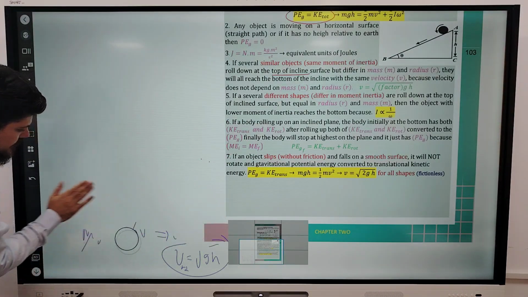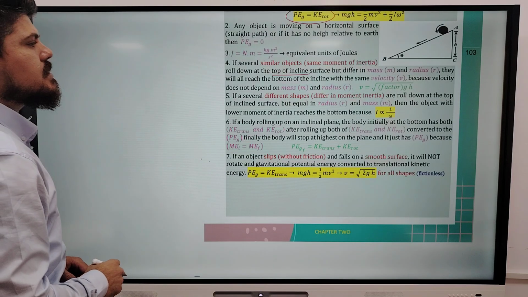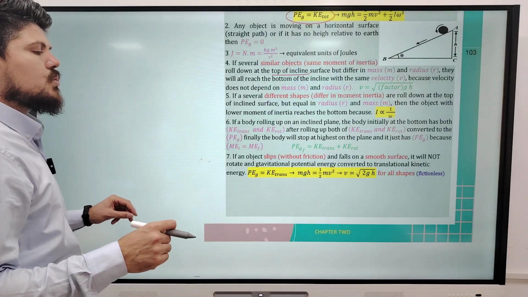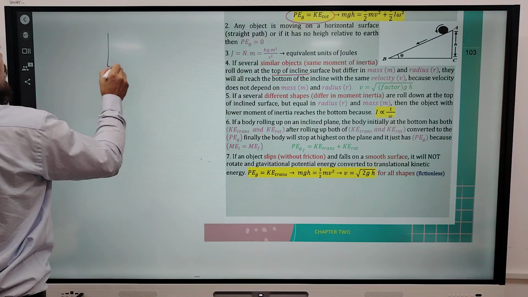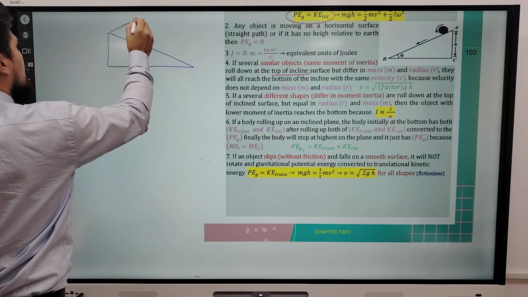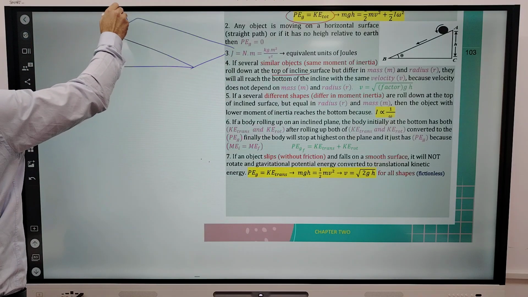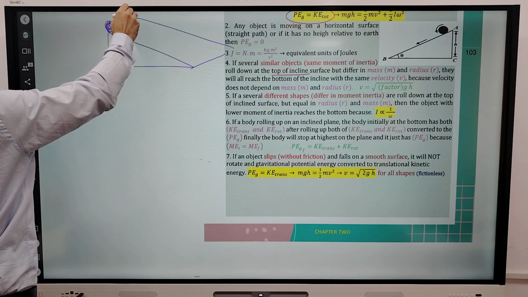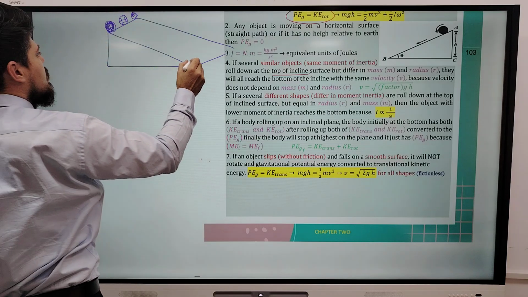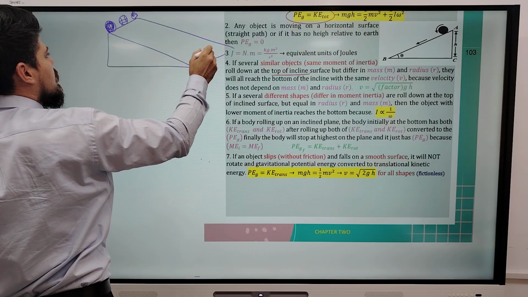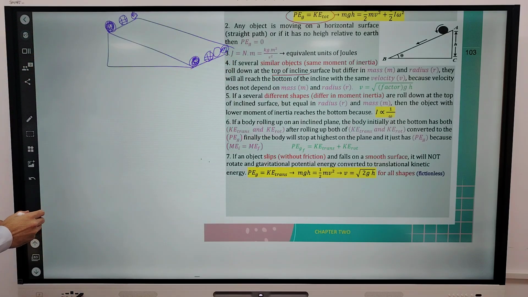for the smooth surface, velocity at the bottom of the incline is always equal to √(2gh) for all shapes. Why? Because, for example, if you have many different shapes like solid sphere, ring, disc, or hollow sphere, in that case all objects have the same velocity.